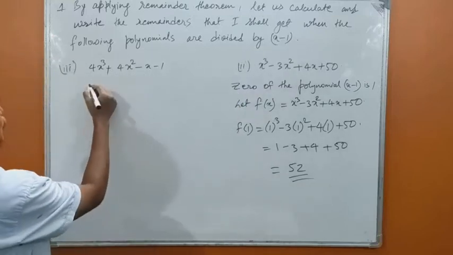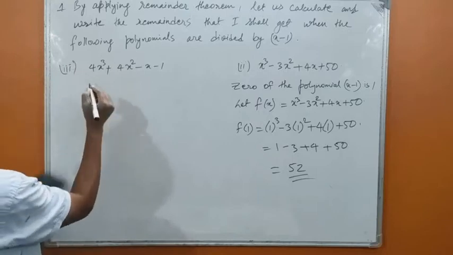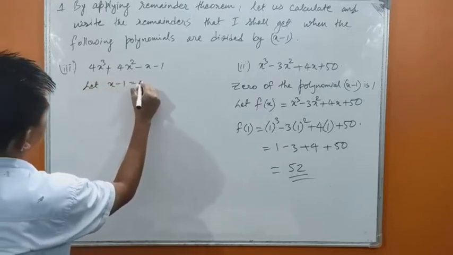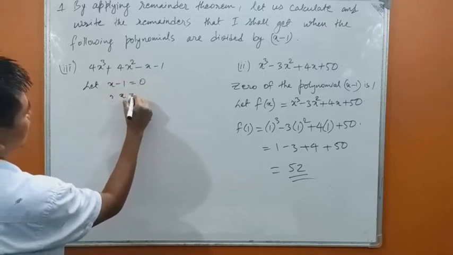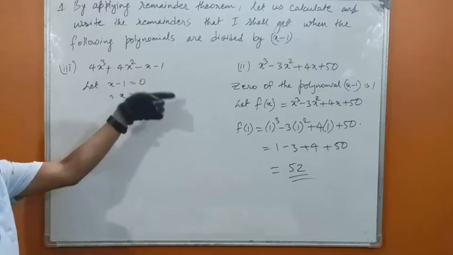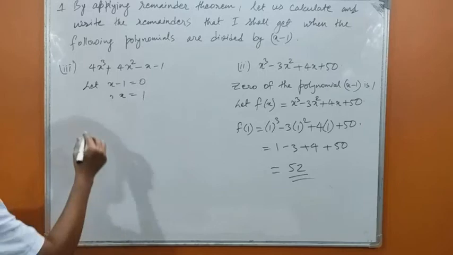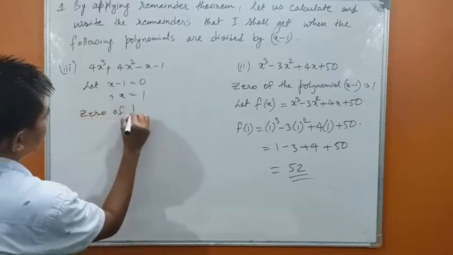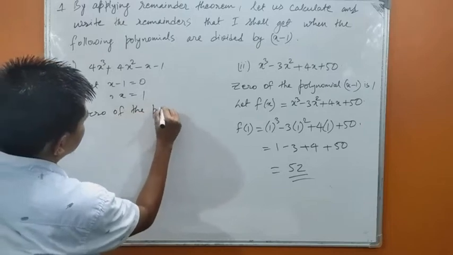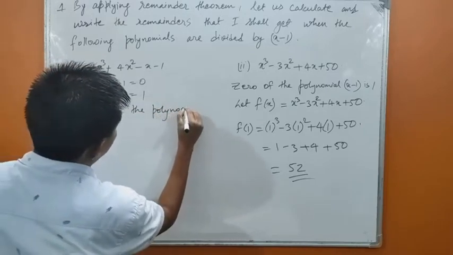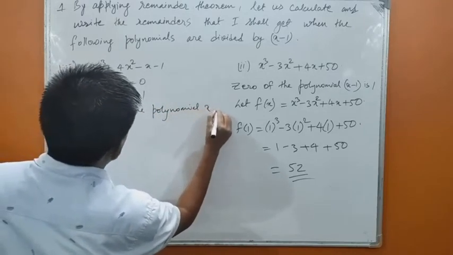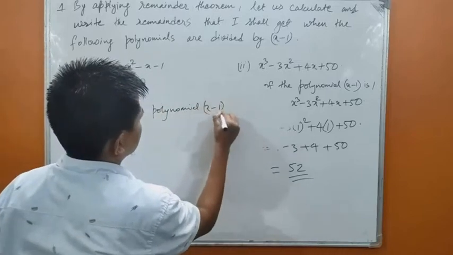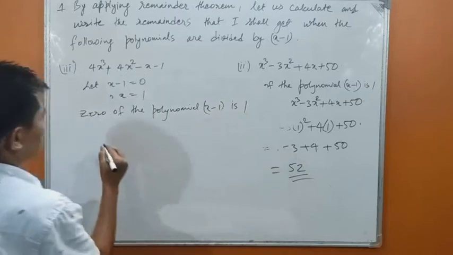That is the question. Let x minus 1 equal 0, or x equals 1, isn't it? Minus 1 when you take to the right hand side becomes plus 1. So 0 of the polynomial x minus 1 is 1.